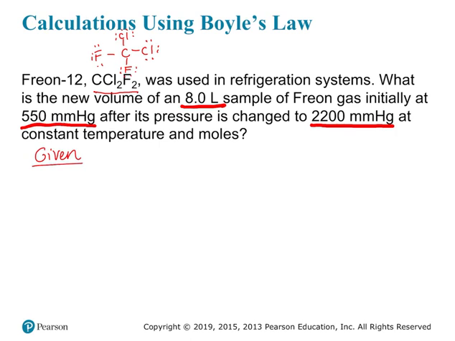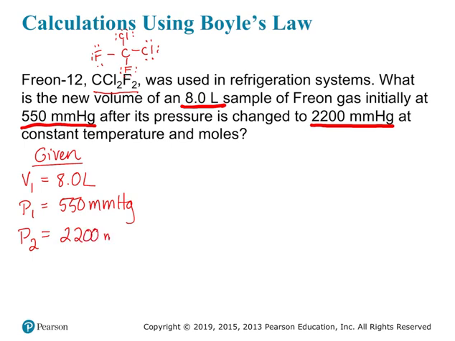We're told that initially we have an 8-liter sample of Freon gas, so that will be our initial volume. The initial pressure, P1, is 550 millimeters of mercury. Then we're going to change the pressure to P2, which is equal to 2,200 millimeters of mercury. The only thing we don't know is the new volume, V2.